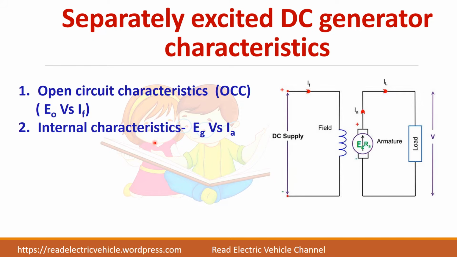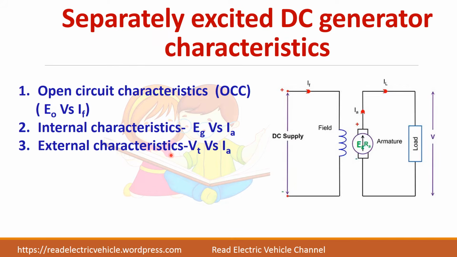And then we have to find the internal characteristics. This is with load we are finding. So you have armature current here. Same characteristics, but this is by varying the field current. Internal characteristics means you are varying the load current and finding the generated EMF.